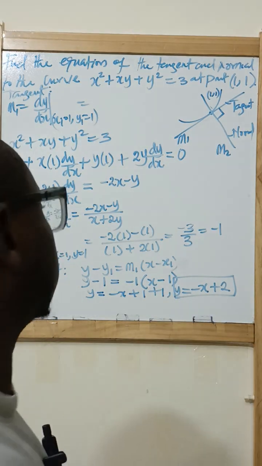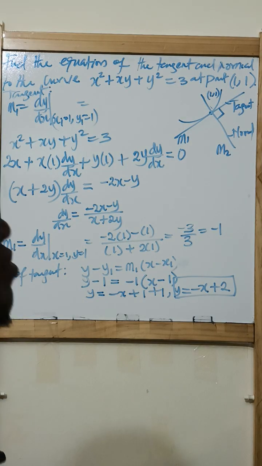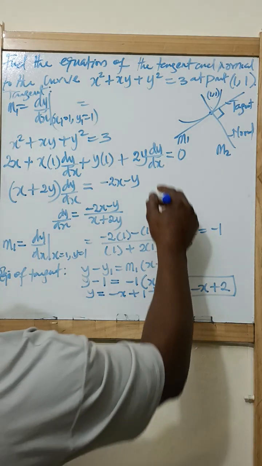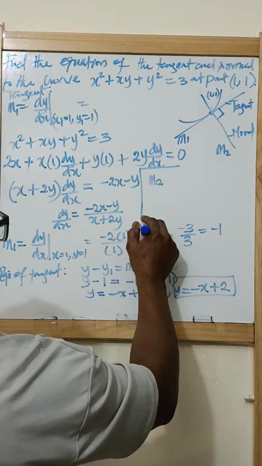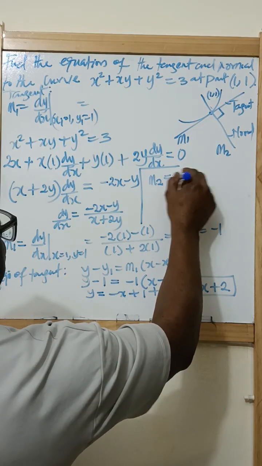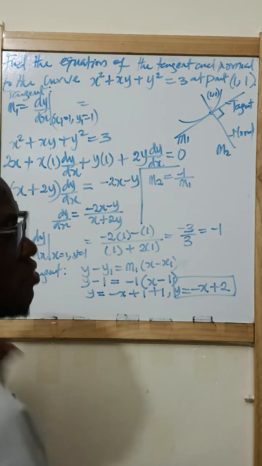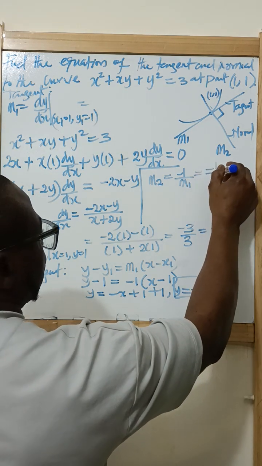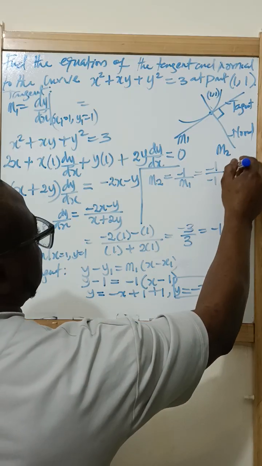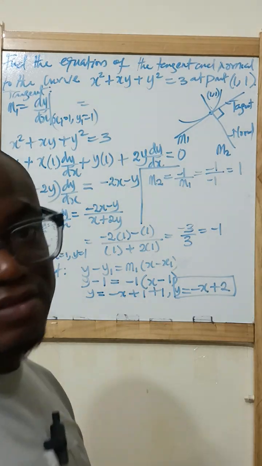Now for the normal, we need to get m2. So what is m2? m2 is minus 1 all over m1. And what is m1? That's minus 1 all over minus 1, so that will be 1. Right?